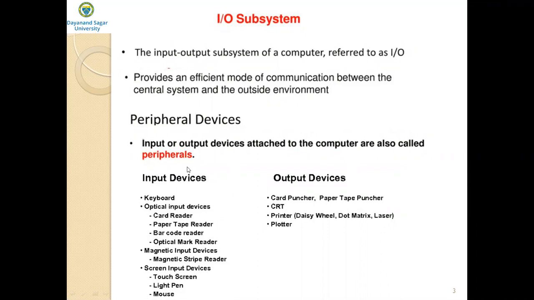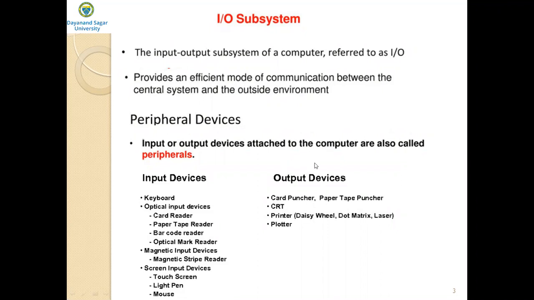So what are input devices? Input devices allow the user input from the outside world to a computer. That means it allows the user input from the external devices or the input devices to the computer. Examples of input devices are the keyboard, the mouse, and so on. And what are output devices?